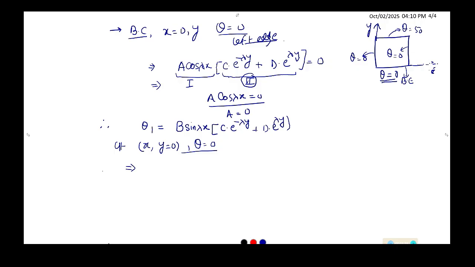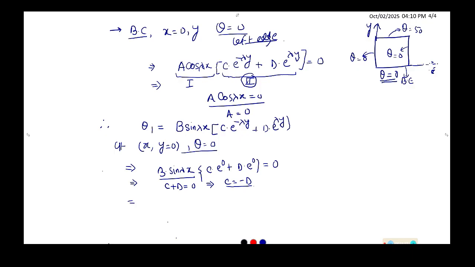Theta will become 0 for b sine of lambda x into (c into e to the power 0 plus d into e to the power 0). We are getting theta as 0. Therefore, here b sine lambda x can't be 0, otherwise for all values of x it will become 0. Therefore, c plus d equals 0, which implies c equals minus d.